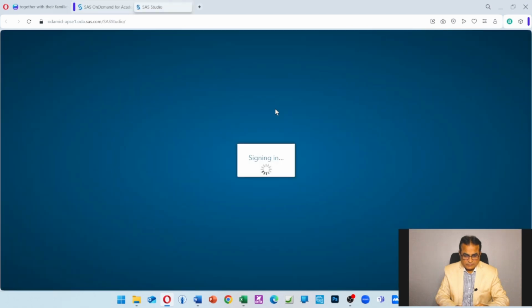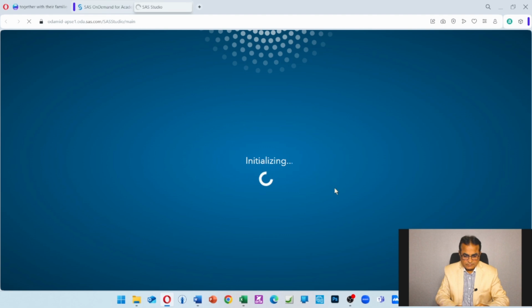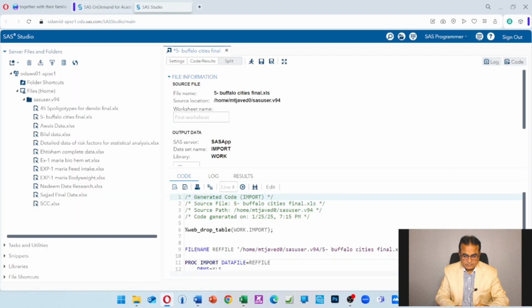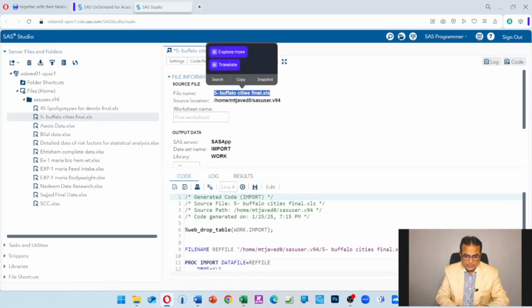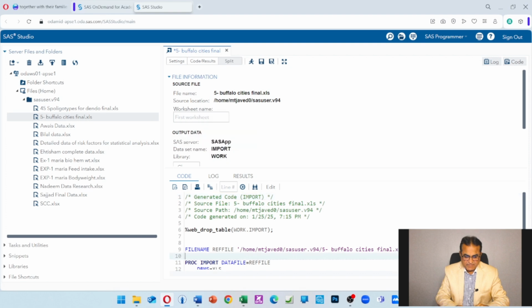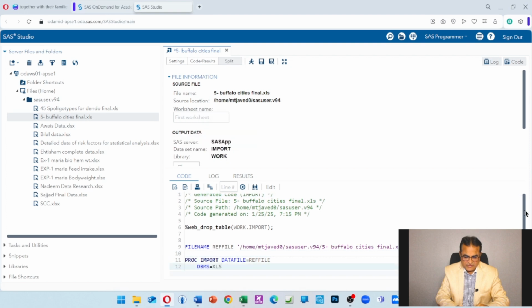Click launch. So it has opened up. We'll be using this file, Buffalo City's final, for frequency analysis, and here is that file. It is already open in work library. The file is open here already.